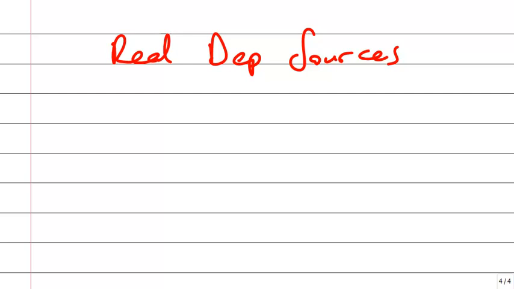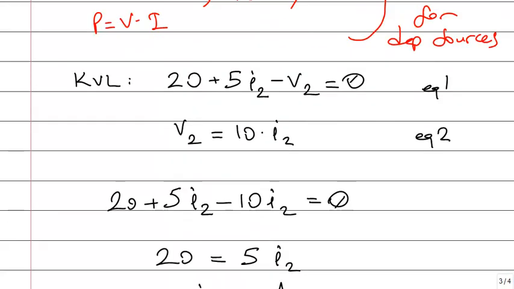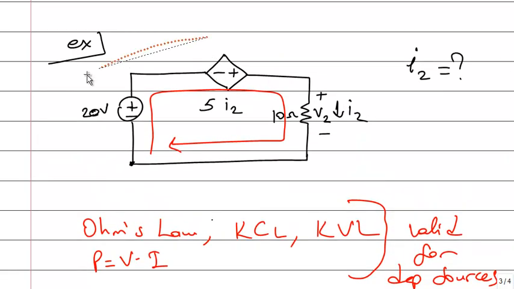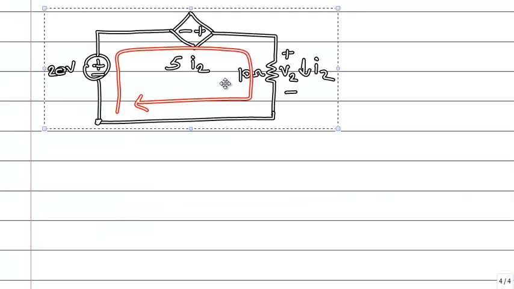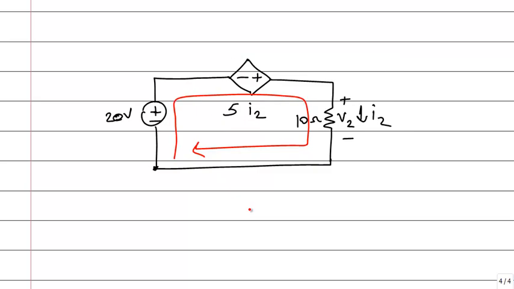Consider the real dependent sources. I have given an example and I have said the dependent source is dependent on I2. How can it be? How can this source read the value of I2? In real life, you have to make some connection to the dependent component.